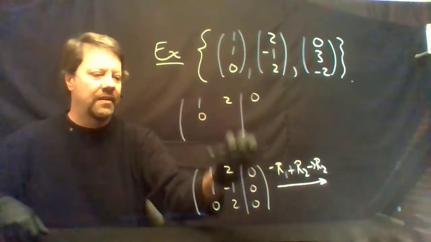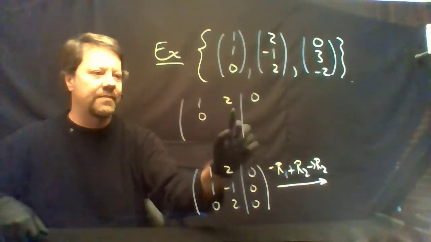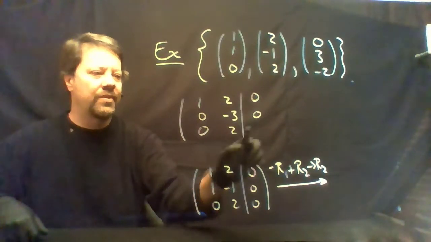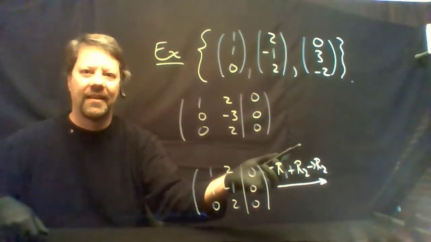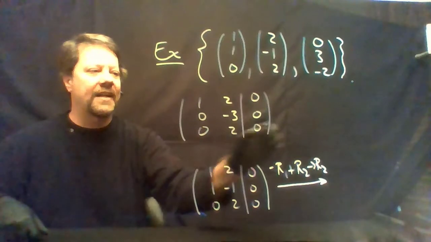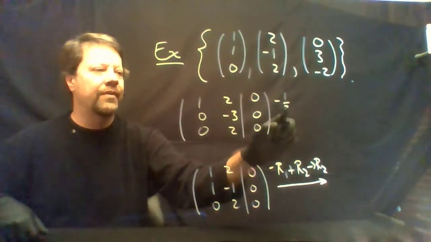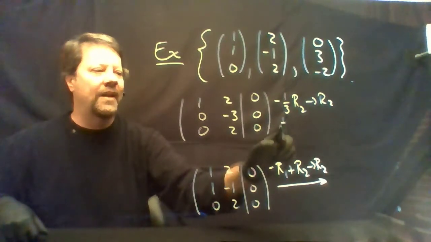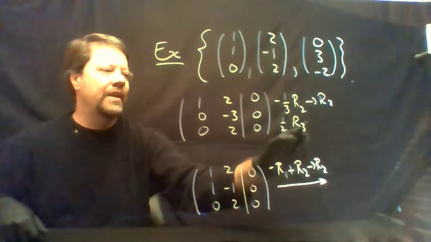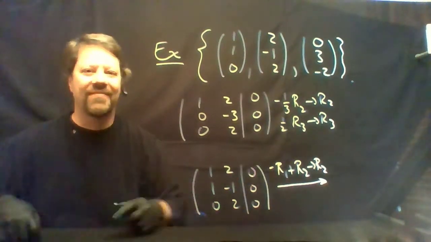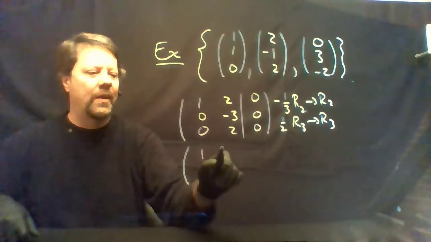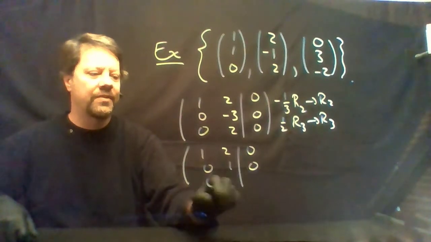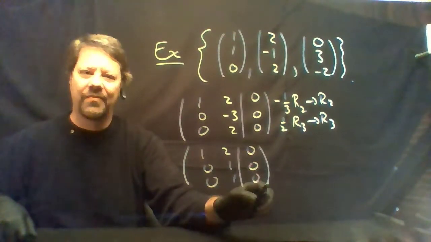Negative 1 times this plus this, negative 1 times this plus this, we get negative 3, 0, 0, 2, 0. At this point, we can multiply the second row through by negative 1/3, and 1/2 row 3 yields a new row 3. We have 1, 2, 0, 0, 1, 0, 0, 1, 0.